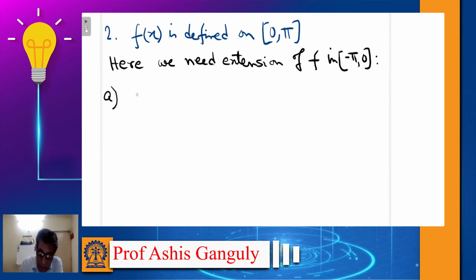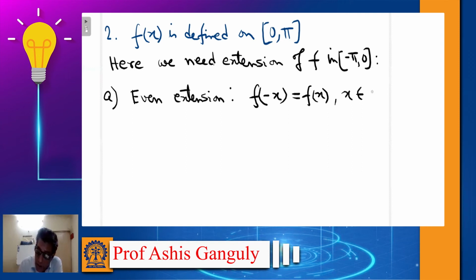One is even extension. Even extension means for x belonging to minus pi to 0, f(minus x) will be equal to f(x).